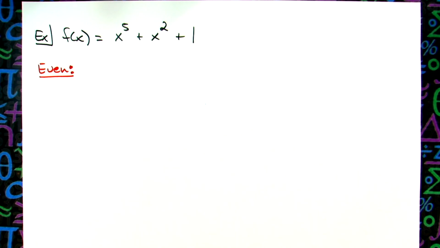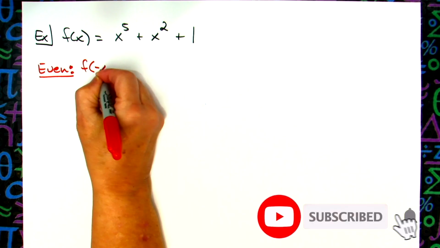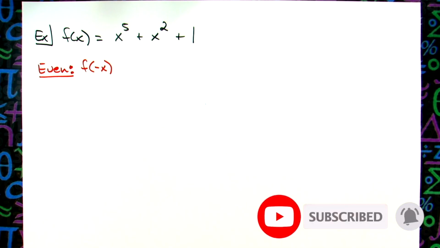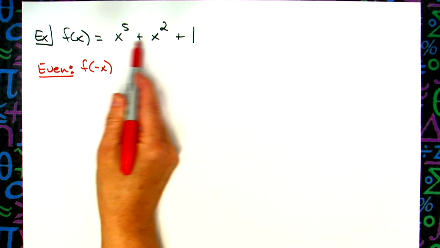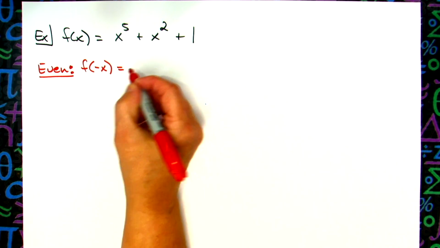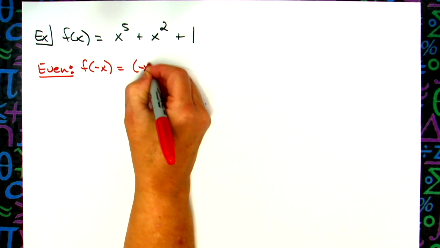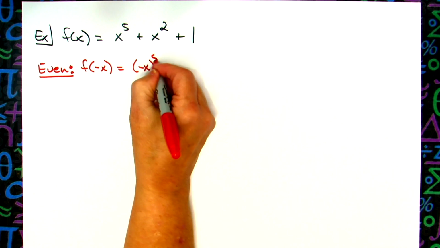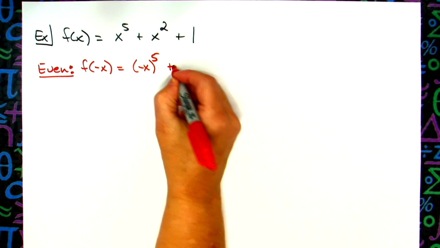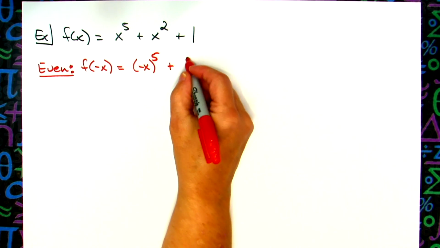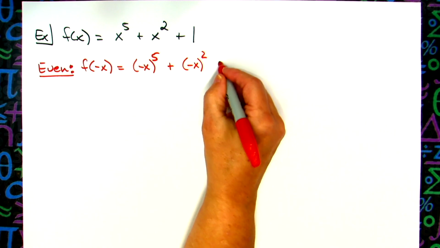The part of the formula that you have to have memorized for even is f of negative x. That's always the part of the formula you're going to do. This says to take a negative x and plug it into the function every place that there is an x. So negative x in for that x to the fifth. Put a set of parentheses around that base, because the whole thing is being raised to the fifth power, plus a negative x, plug it in for the next x to the second power, and then plus 1.